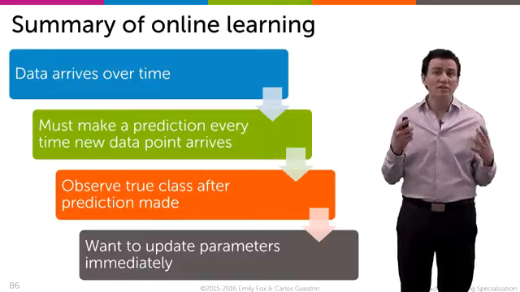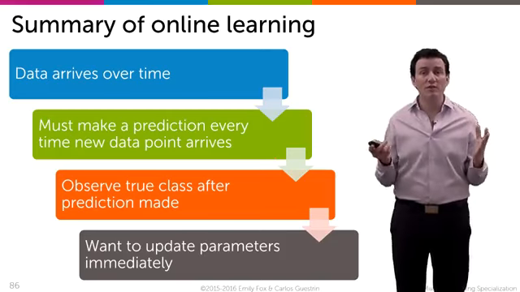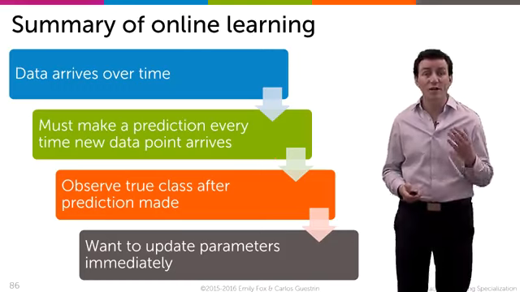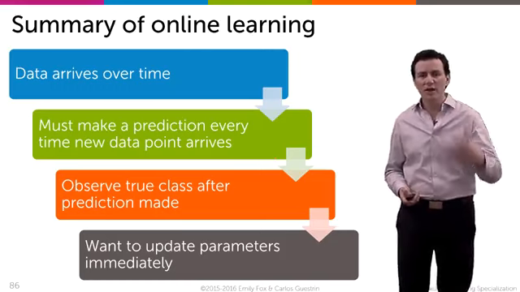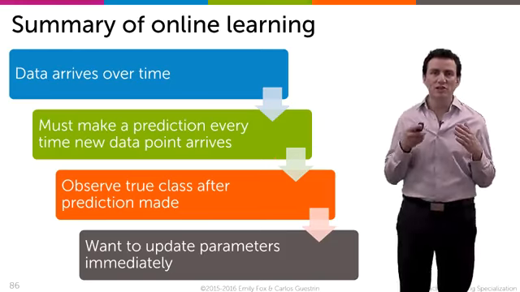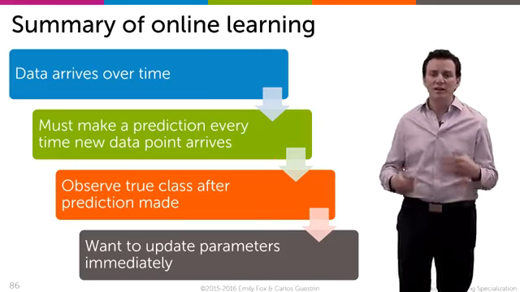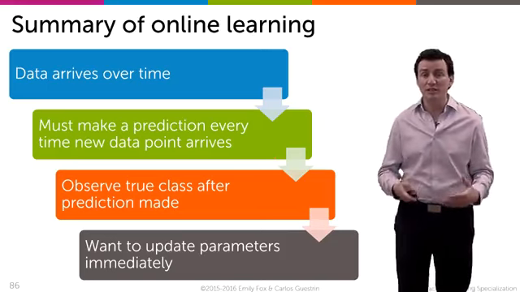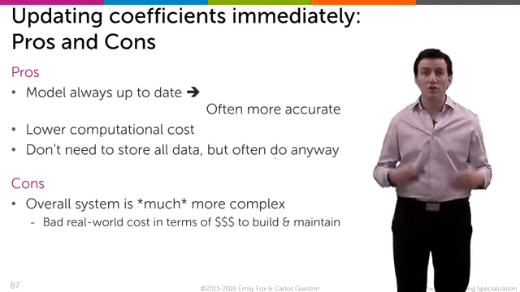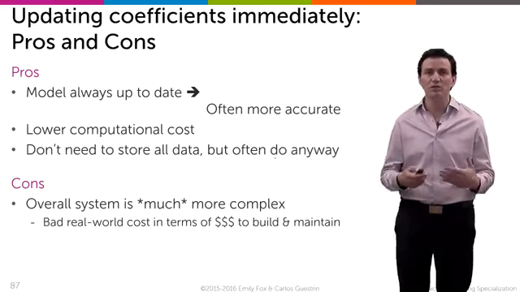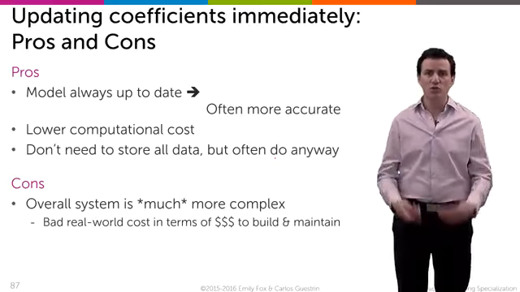So online learning is a different kind of learning that we haven't talked at all about in the specialization, but it's really important in practice. So when data arrives over time and you need to make a decision right away of what to do with it, but based on that decision, you're going to get some feedback and you're going to update the parameters immediately and keep going. This online learning approach, where you're updating the parameters immediately as you see some information in the real world, can be extremely useful.